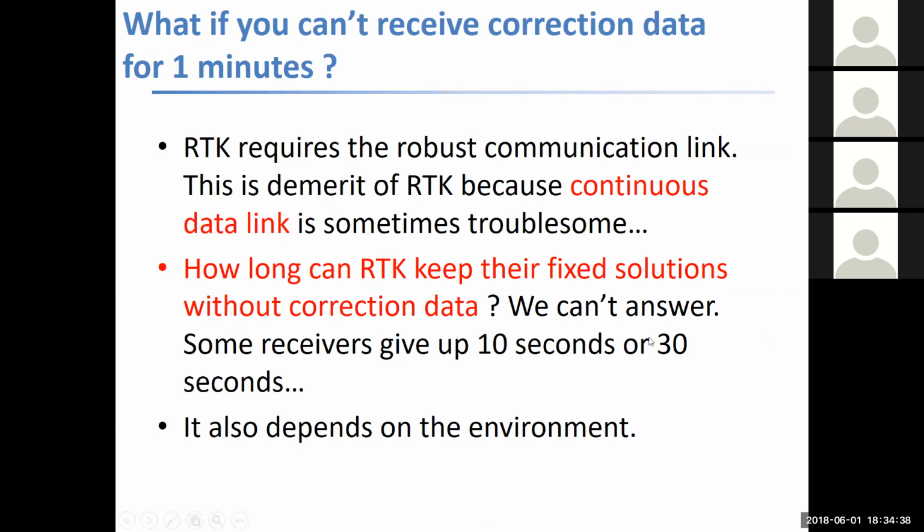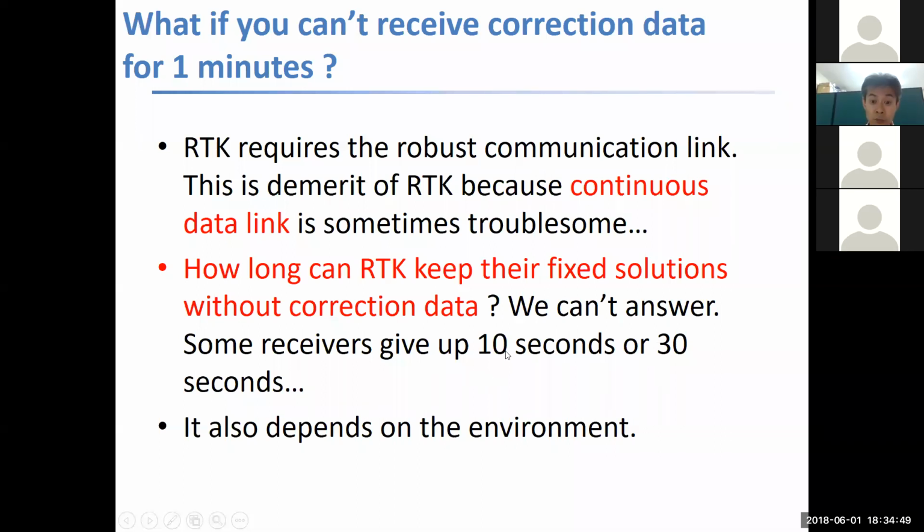And some receivers, maybe u-blox, can keep 30 seconds. It depends. It also depends on the environment. If you are in a multipath environment, even 5-second fixed solutions will be changed into float solutions or differential GNSS because of the multipath issues.